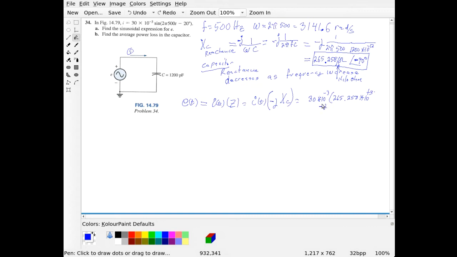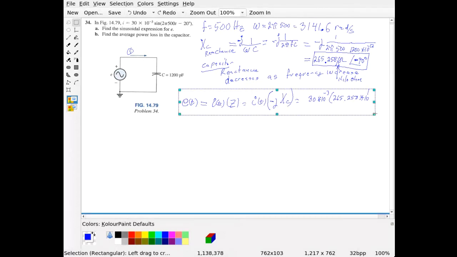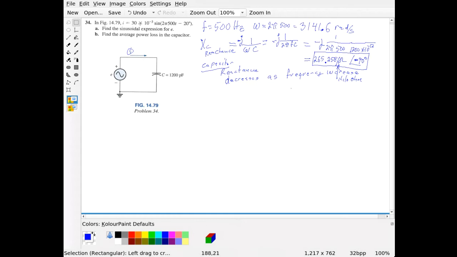Okay. So I really prefer to do it in the phasor domain, and then we can always take it back. When you're dealing with angles, it's clumsy to use the sine wave. So let's take I and convert it to the phasor domain first.